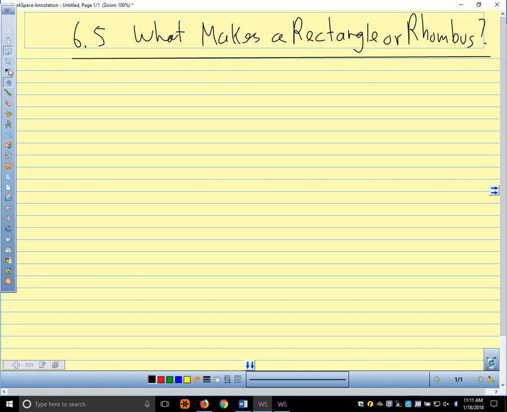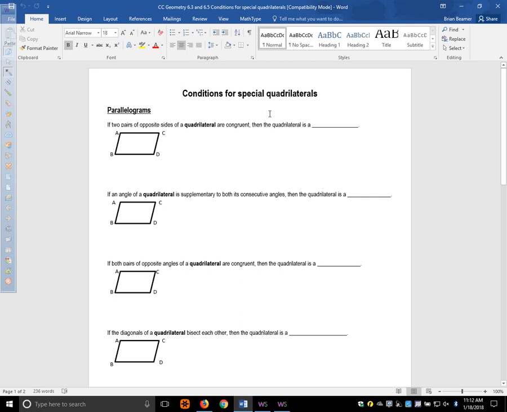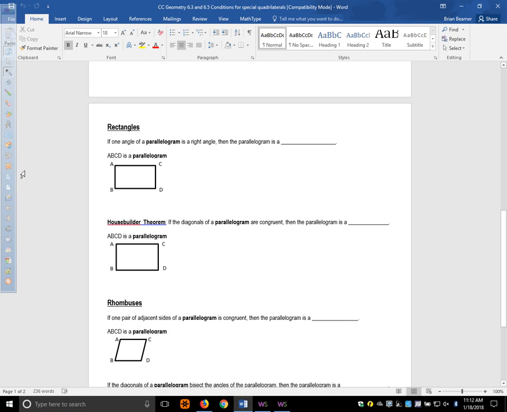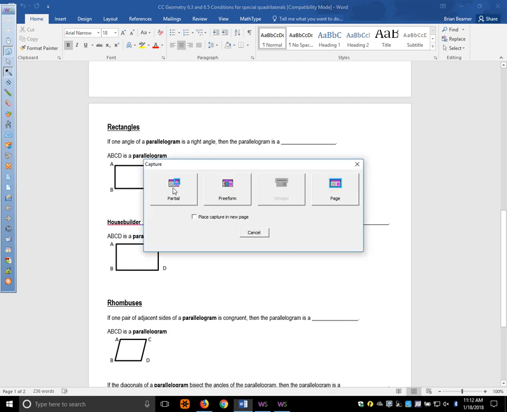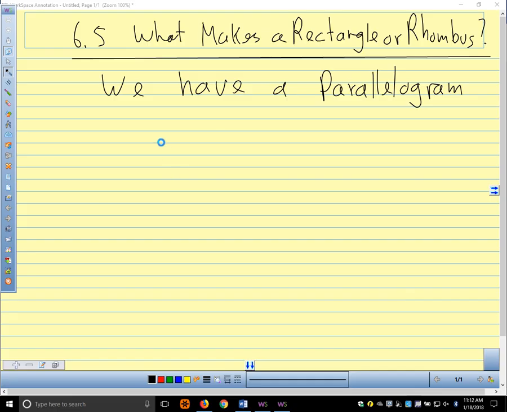And it says on your graphic organizer, we're starting with a parallelogram. So somehow we figured out, or we've been told, that these things are parallelograms. Let me go down to the second page. There we go. These first two are about what we need to know that we have a rectangle.